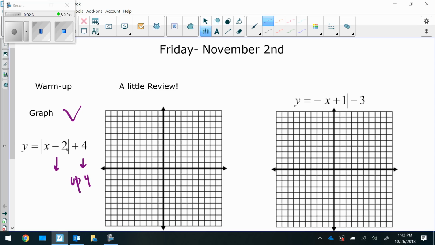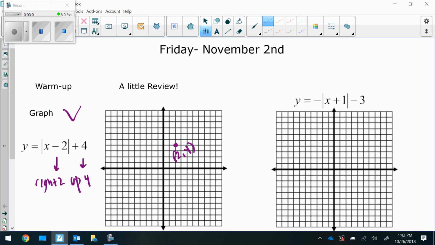So if it's x minus 2, it's actually going to the right 2. So I would start at 0, 0. You can see my cursor right there at 0, 0. But we're going to move to the right 2, so 1, 2. And we're going to move up 4: 1, 2, 3, 4. So our point's now going to start at the point 2, 4.